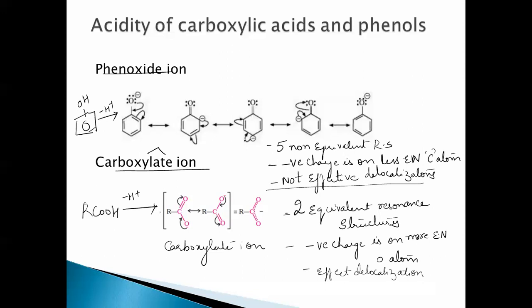Here, if you look at the structure, the negative charge is on the less electronegative carbon atom. Here there's effective delocalization because the negative charge is shared by 2 more electronegative oxygen atoms. Here the negative charge is shared by an oxygen atom and the less electronegative carbon atom. So based on these 3 reasons, the carboxylate ion is more stable than the phenoxide ion.